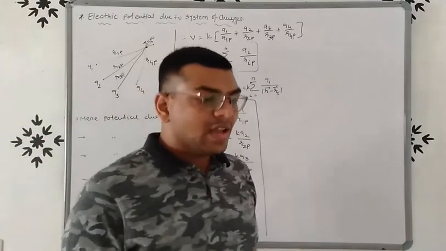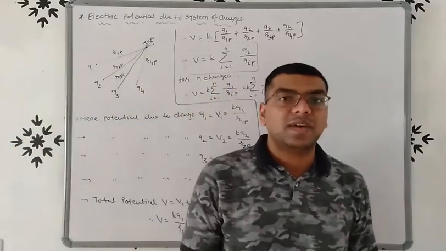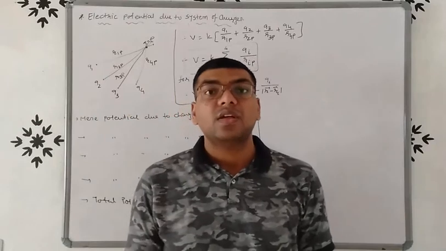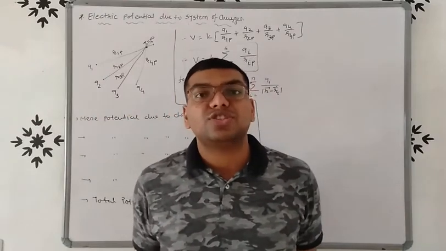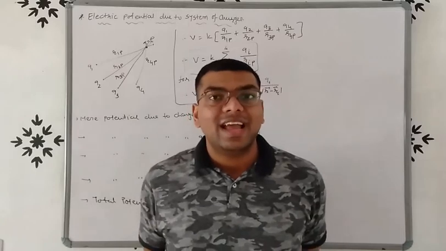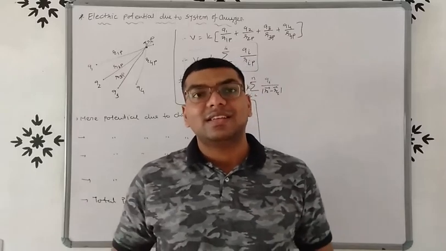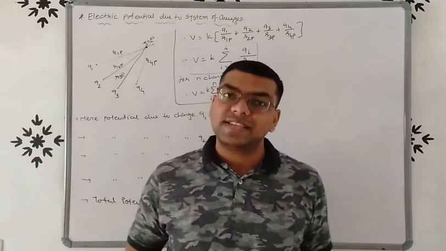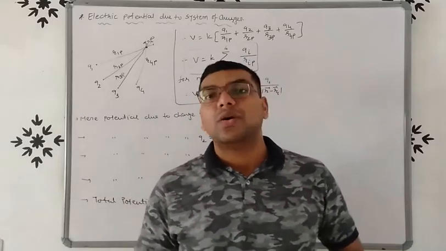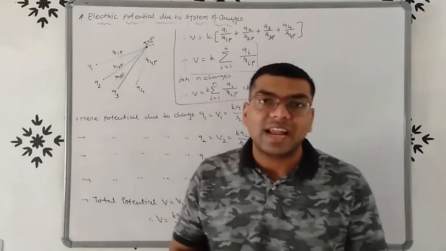Right? Now friends, in chapter number 1, we discussed the charge distribution, right? And we know that there is a linear charge distribution, then surface charge distribution and volume charge distribution, right?